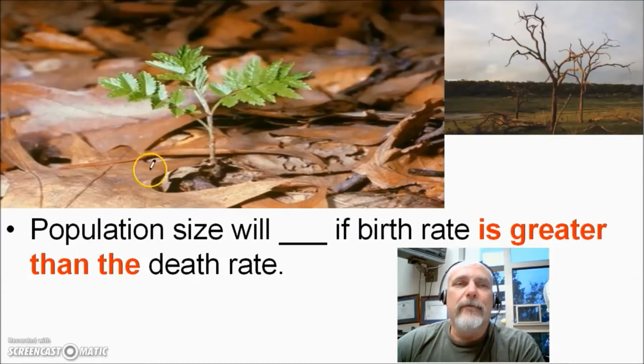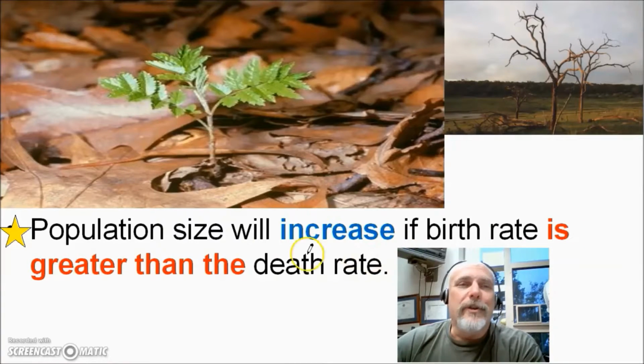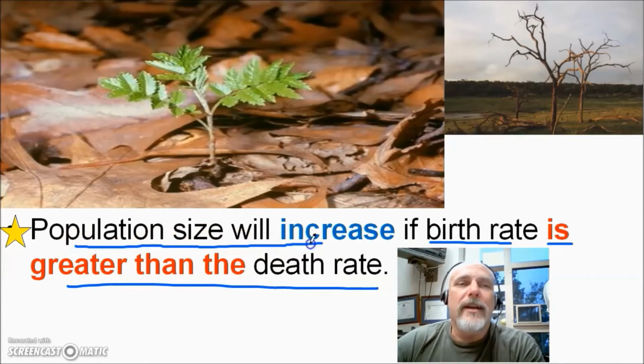First is, if we have a birth rate that is greater than the death rate, what will happen to the population size? The population size will increase. So if the birth rate is greater than the death rate, the population size will increase in number.